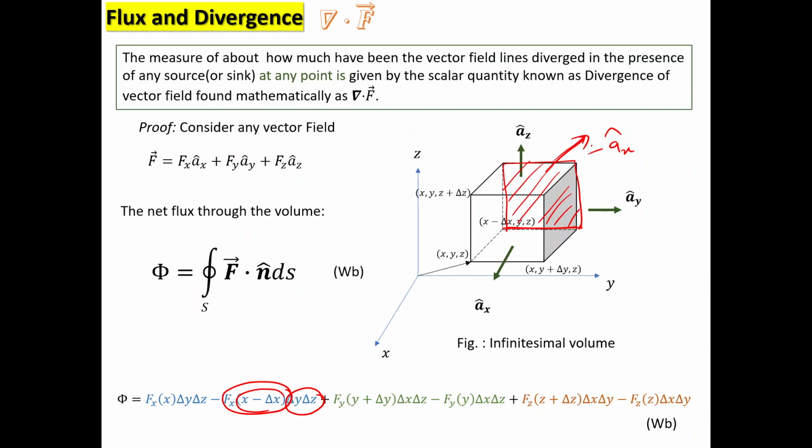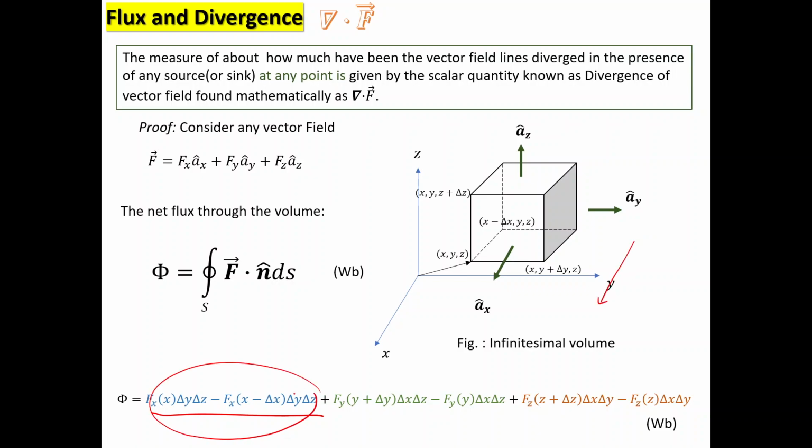And since the direction of the vector is in this direction, but the unit normal to the area is in the minus ax direction, that is why there is a minus sign here. So the net flux passing in the x direction is given by this quantity.